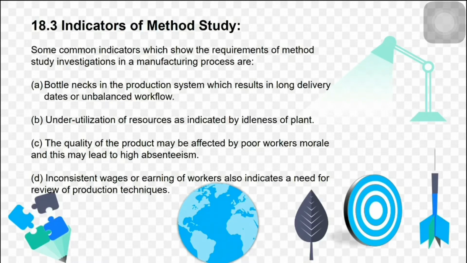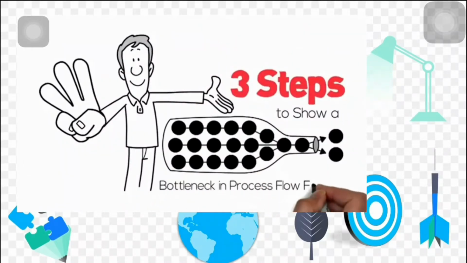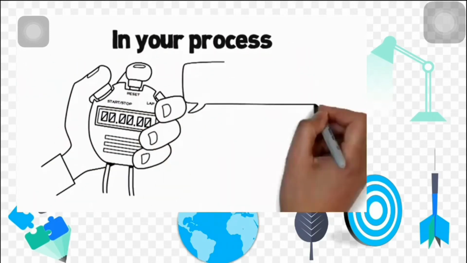Indicators of method study. Some common indicators which show the requirement of method study investigation in manufacturing processes are: First, bottlenecks in the production system, which result in long delivery dates or unbalanced workflow.